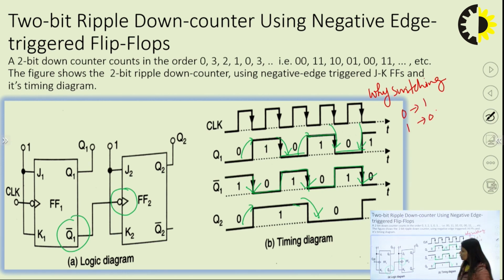Because in these JK flip flops we are giving the input J equal to K equal to 1, that toggles for every clock pulse, and that's why there is toggling, that means 0 to 1 and 1 to 0. So there is a toggle for each and every JK flip flop.